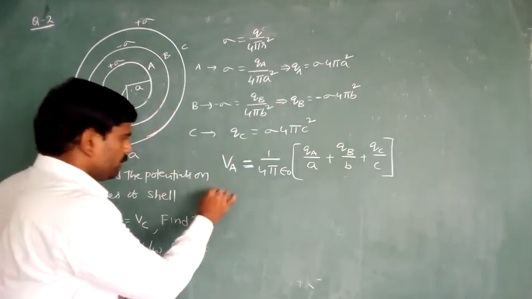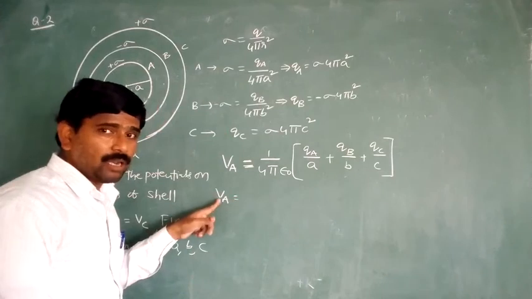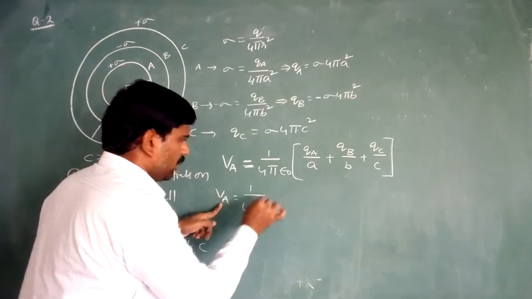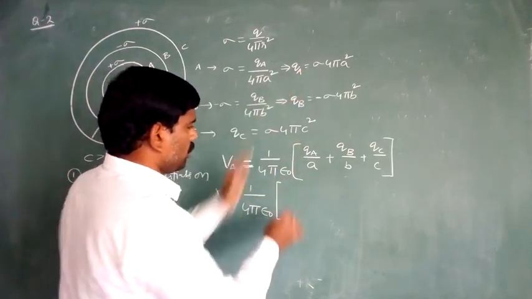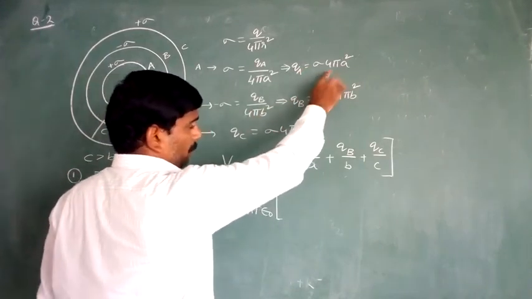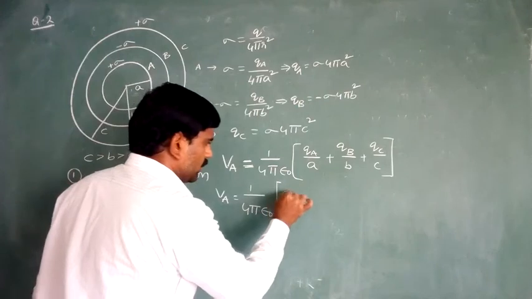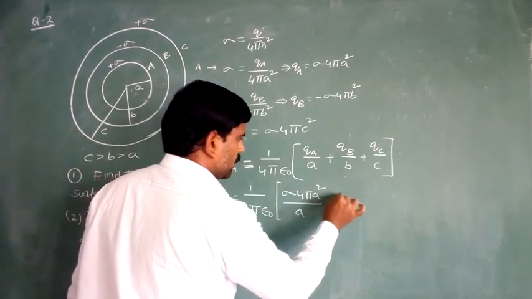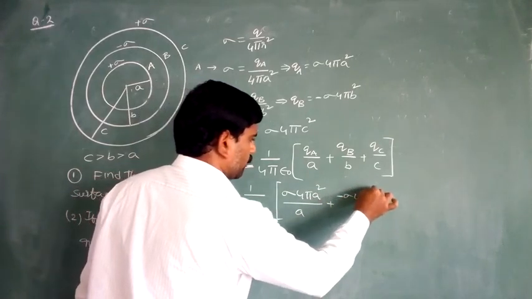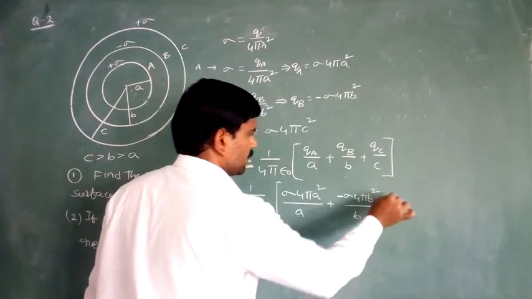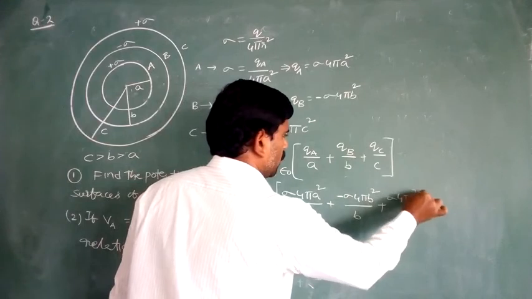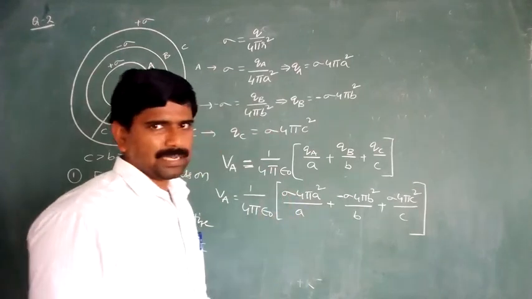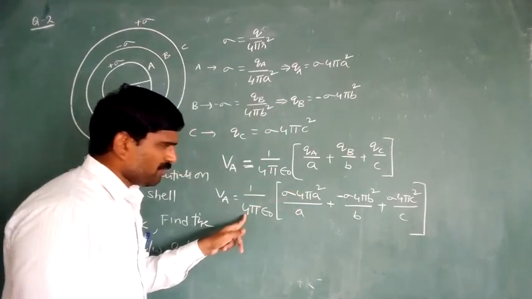Therefore, VA, the net potential on the surface of the first shell, is equal to 1 by 4 pi epsilon naught into QA, that is sigma into 4 pi A square whole by A, plus minus sigma into 4 pi B square whole by B, plus sigma into 4 pi C square whole by C. Here sigma 4 pi is common, 4 pi cancels.